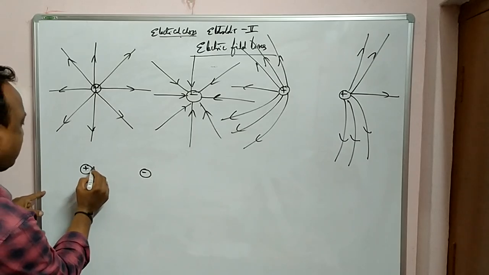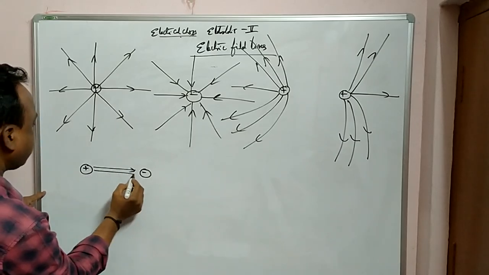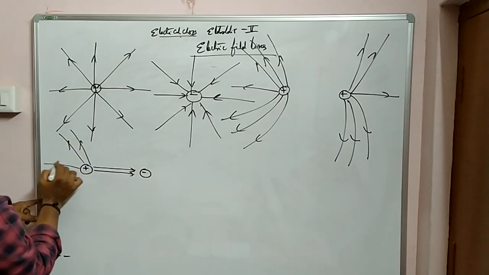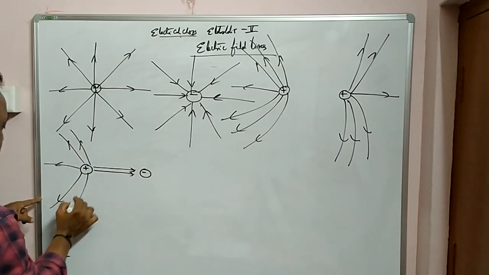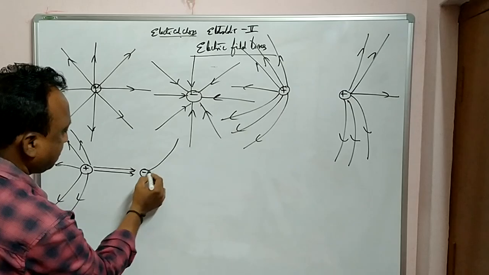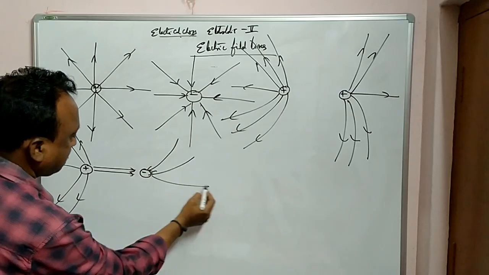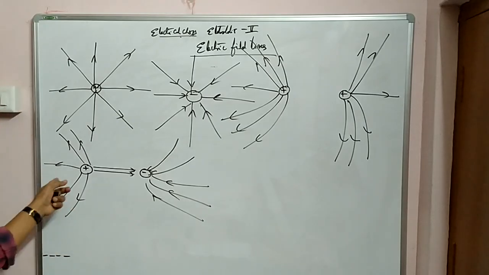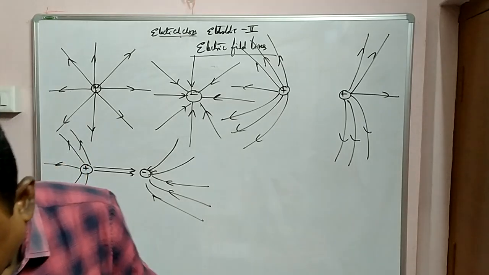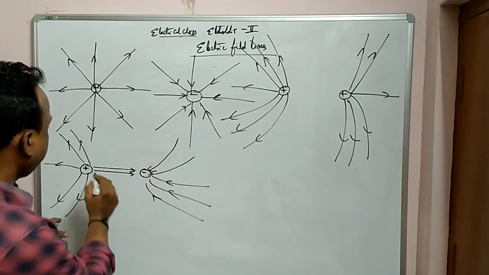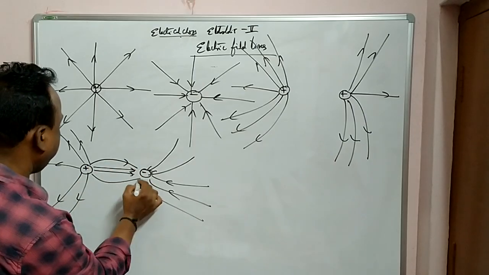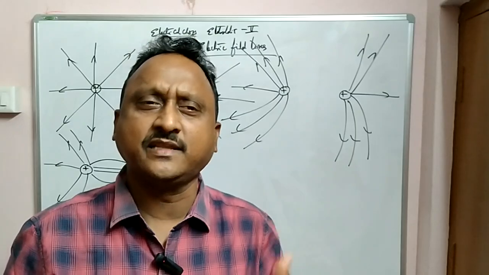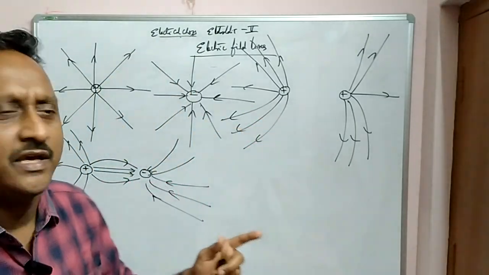In the same way, if you take one positive and one negative charge, the field lines go from positive to negative. Okay, positive to negative, you know the field lines, and no field lines will intersect each other, because if they intersect each other, the resultant will be in two directions, which is highly impossible.